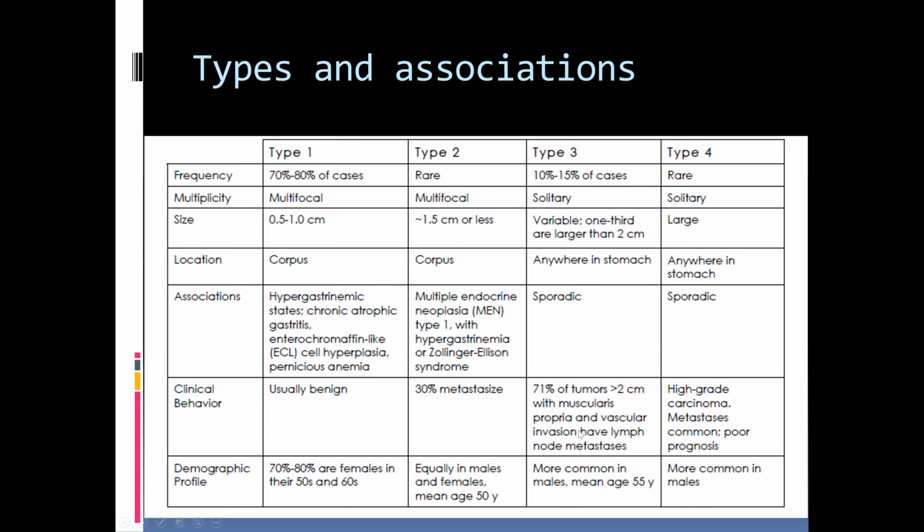So an important thing to recognize is that if you see a male tumor, it's more likely to be type 3 than anything else. Type 4 lesions are quite rare, extraordinarily rare. They're sporadic, and they can also be more frequently seen with the high-grade carcinomas, or they actually are the high-grade small cell carcinomas with a poor prognosis.